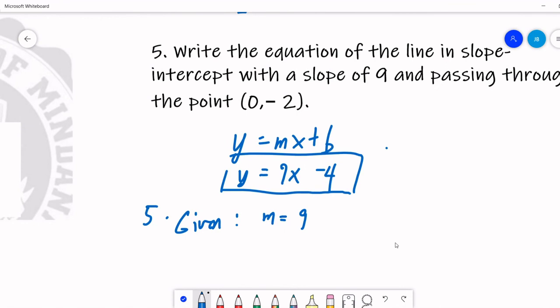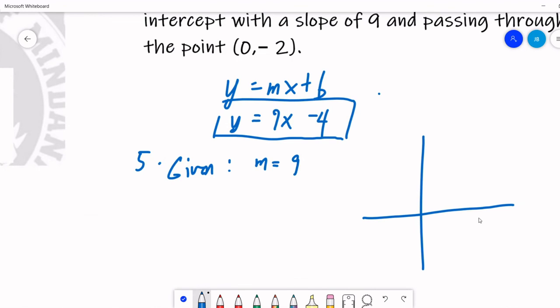So if we graph it, the line passes through 0 and negative 2, somewhere here. So this point is on the line whose equation we are looking for.